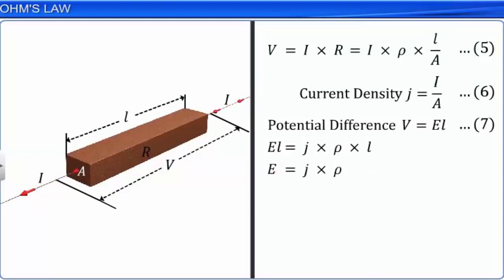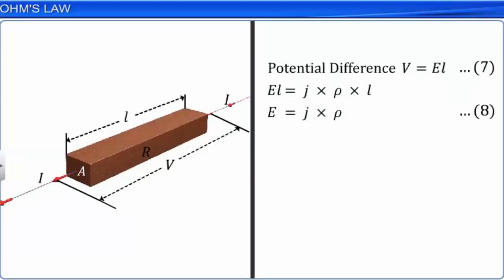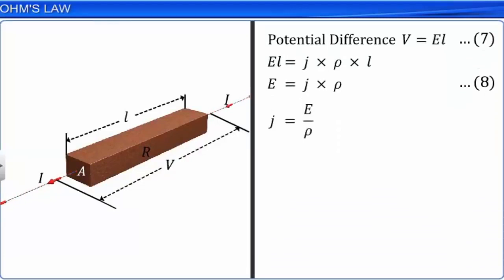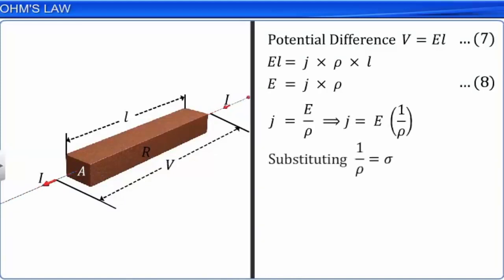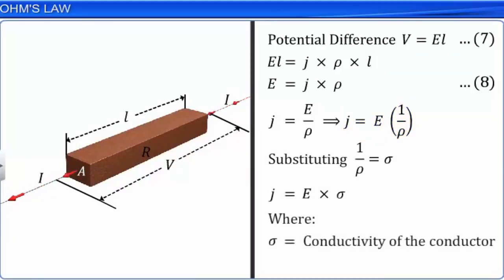Let this be equation 8. The above equation can be written as J is equal to E into 1 by rho. Substituting 1 by rho is equal to sigma in the above equation, we get J is equal to E into sigma, where sigma is the conductivity of the conductor. This equation is the equivalent form of Ohm's law.